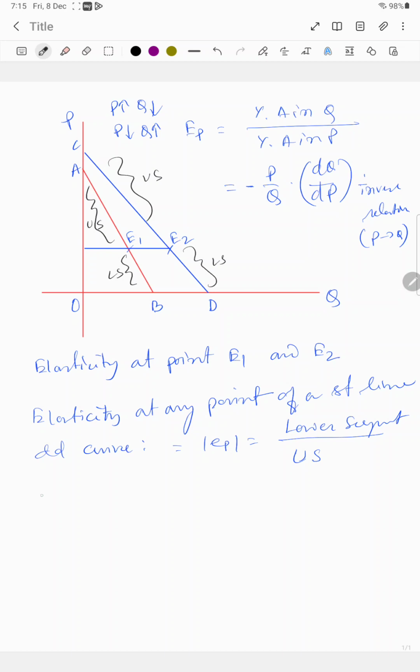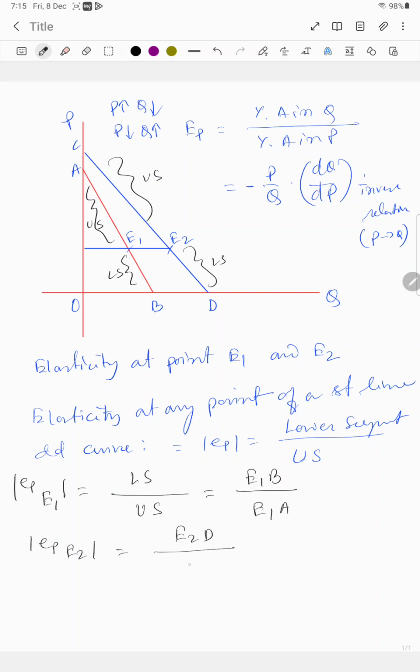So EP at point E1 will be equal to lower segment by upper segment, which is E1B by E1A. Same way, EP at E2 will be E2D by E2C.